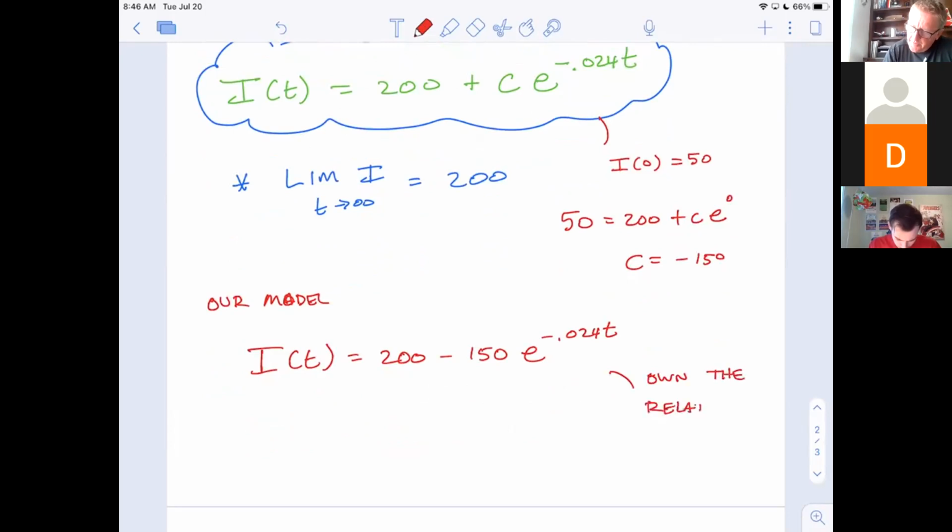This is what algebra is really about: in life there are numerically quantified relationships. Of course, there'd be a relationship to how much iodine is in the tank over time. And now we own that relationship, not that relationship. We own it. So now we can figure out anything we'd want to know.